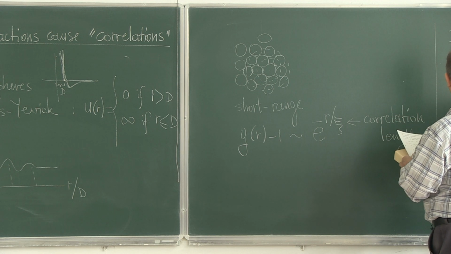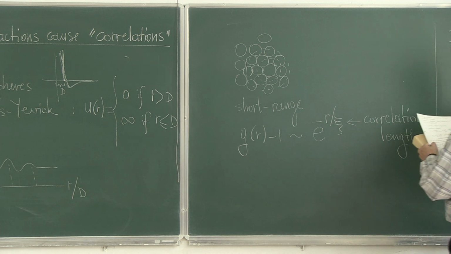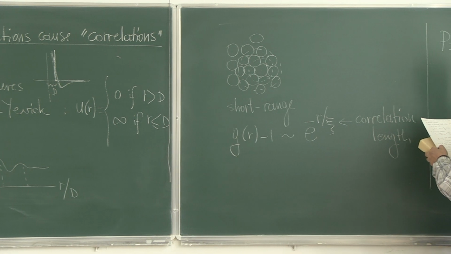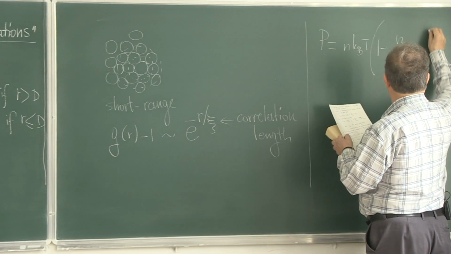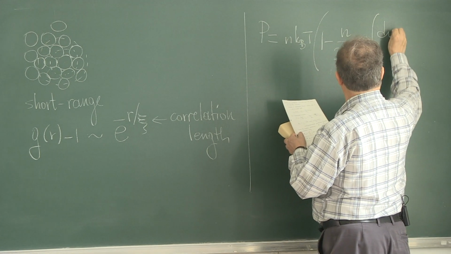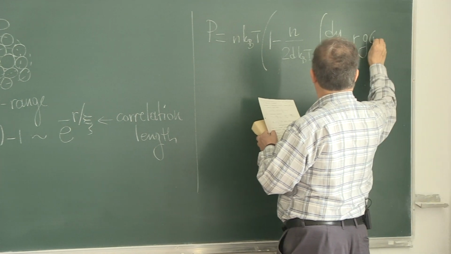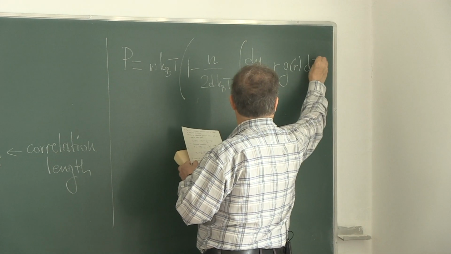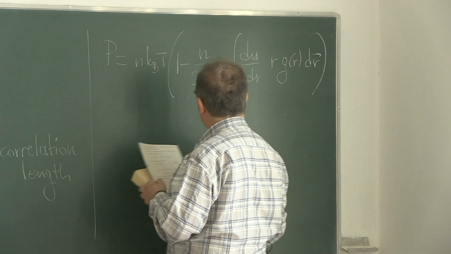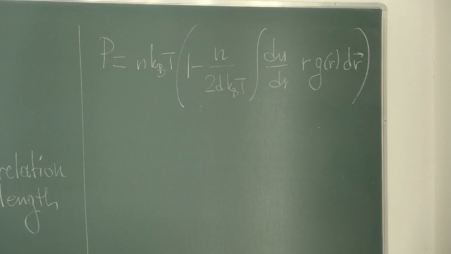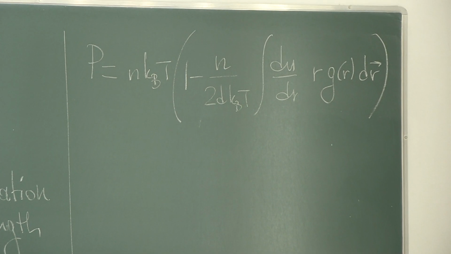It is P over n kBT equals 1 minus n over 2d kBT, integral of r dU/dr G of R d cubed R.